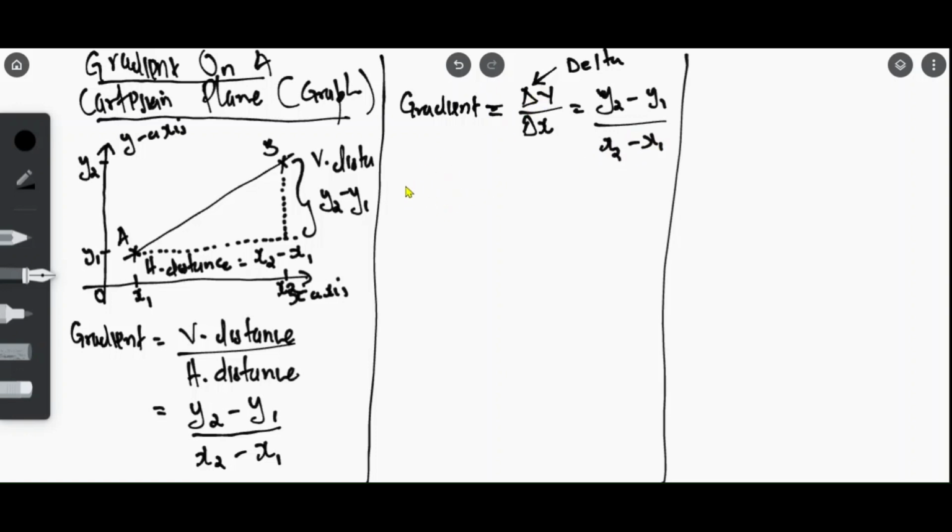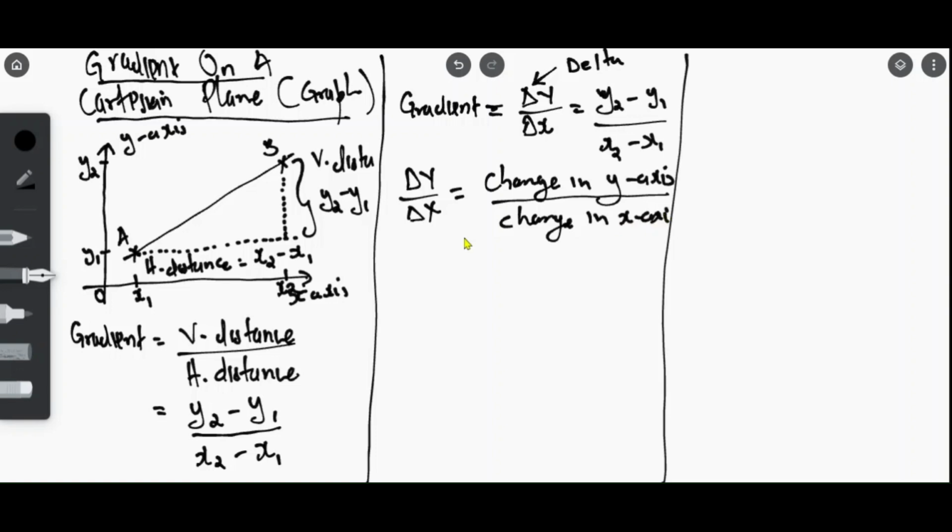So if I write change like that all over that, this means a change in y-axis all over a change in x-axis.